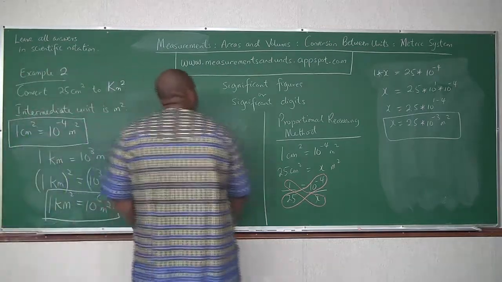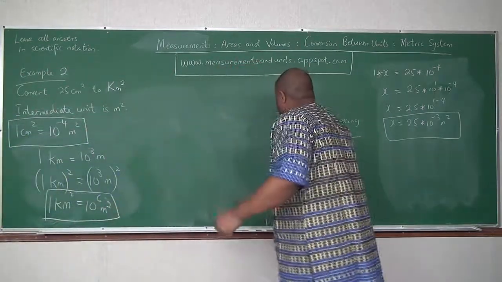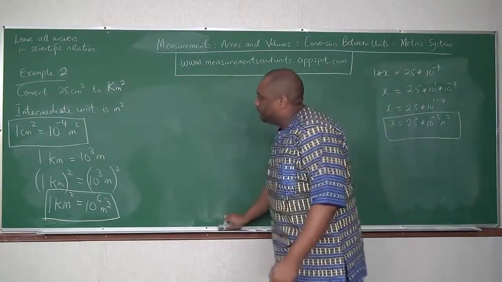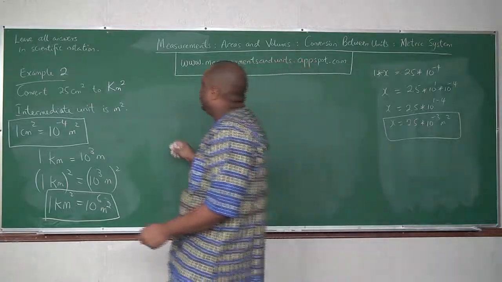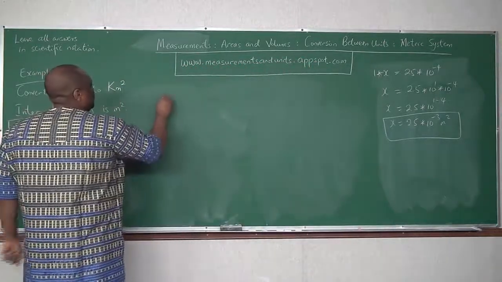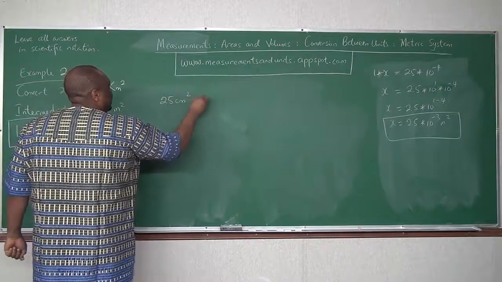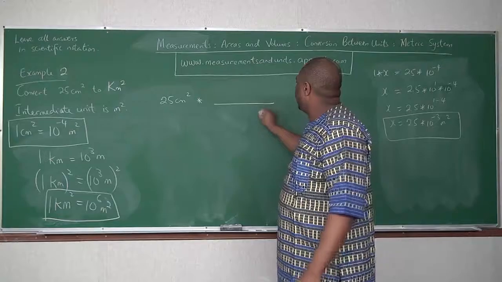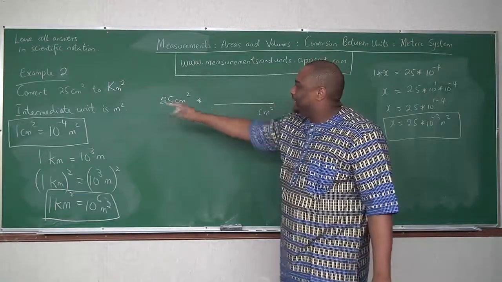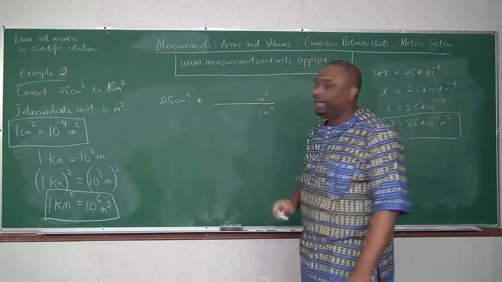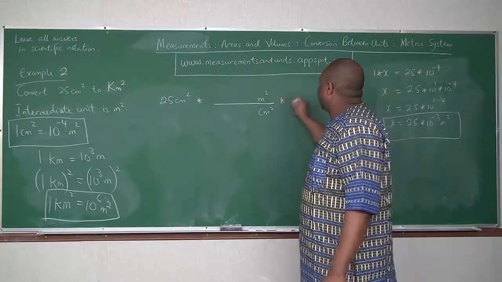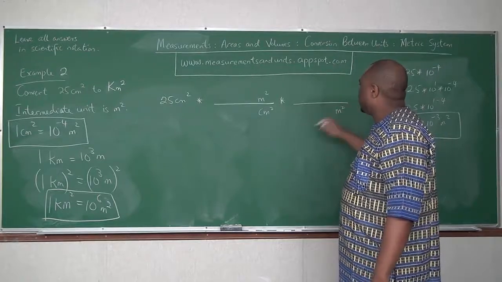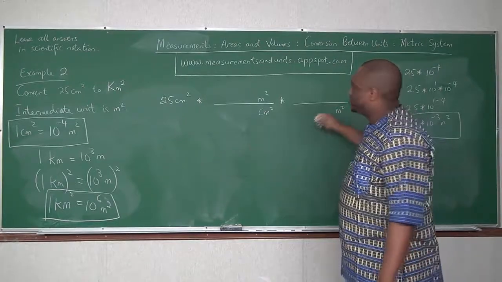Now what we need to do is to use the unit fraction method. We write this first, 25 centimeters squared times, we write the centimeter squared here, and we write the intermediate unit, meter squared, here. Then times this meter squared, we write it here so it will cross out, and then we write the kilometer squared here.